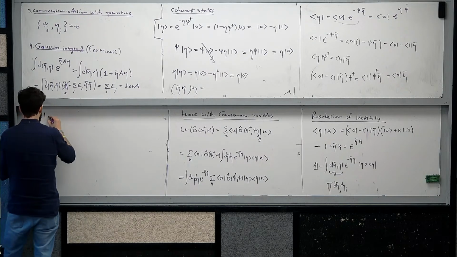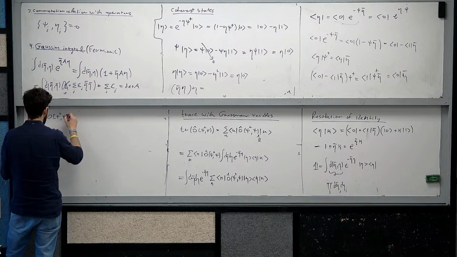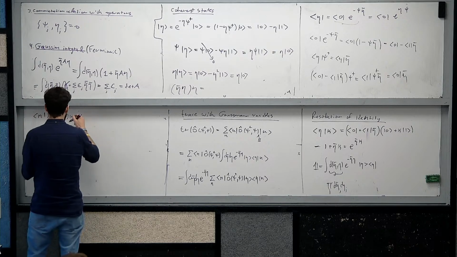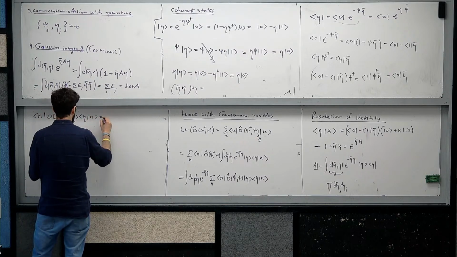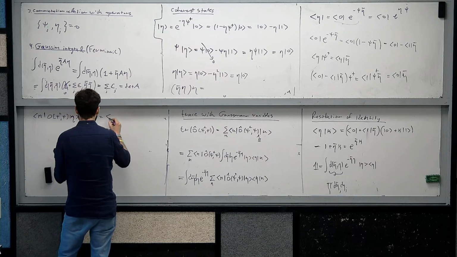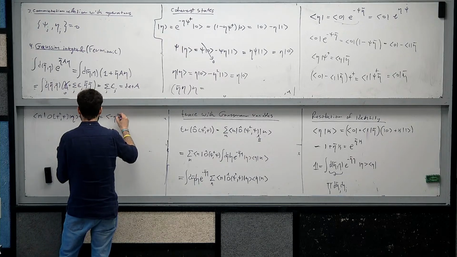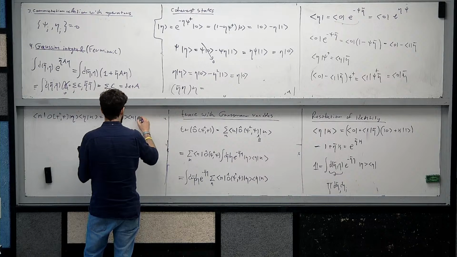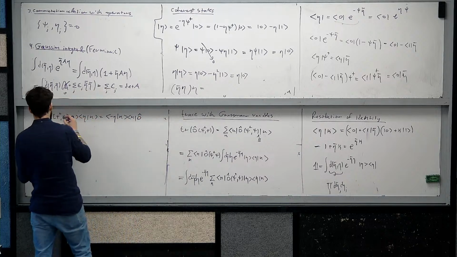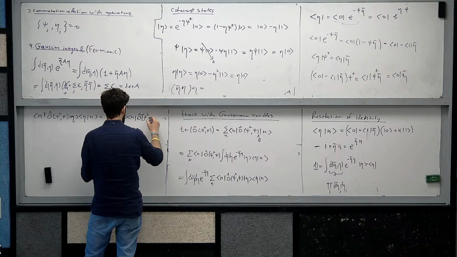O psi dagger psi n eta is equal to minus eta n O, where O is an operator of psi dagger psi n.